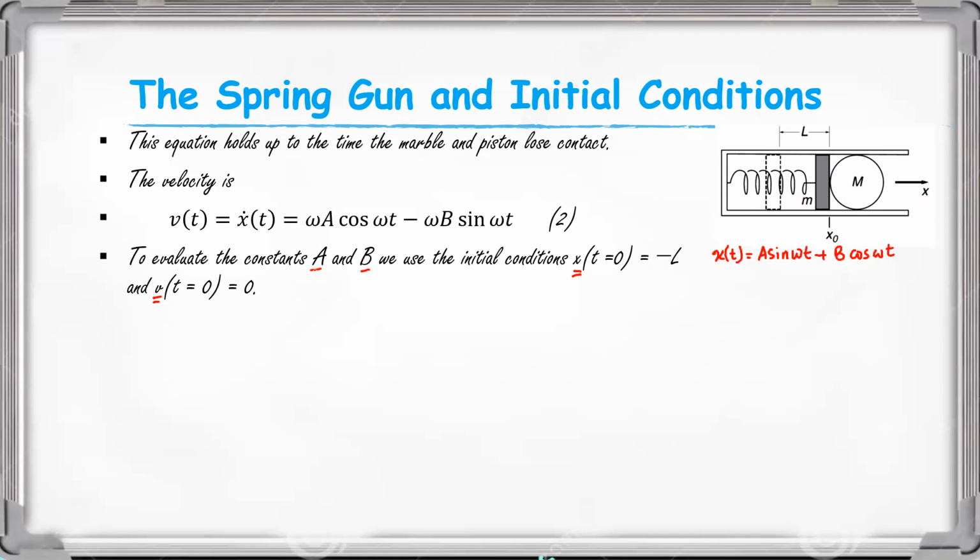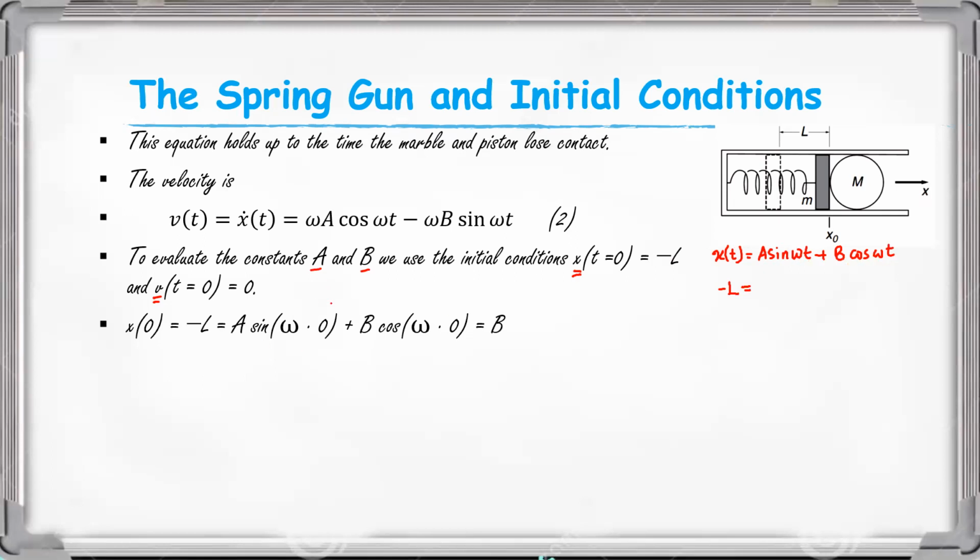So first we substitute the value of t equal to 0, the initial conditions, into the equation of position. When we substitute t equal to 0 here, x of 0 is equal to minus L, that is equal to A sine omega 0 plus B cos omega 0.